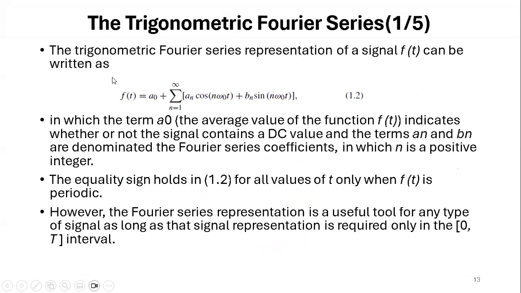I will explain it in detail when we do the numericals. In which, the term a naught is the average value of the function, the DC value. DC means direct current. The terms a n and b n are the coefficients of the Fourier series.